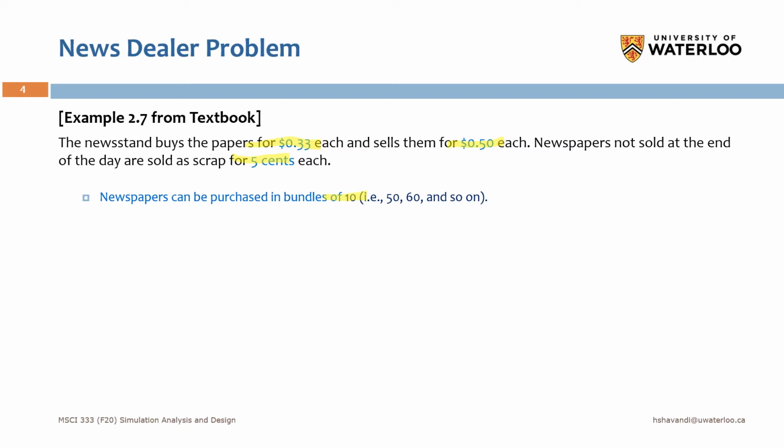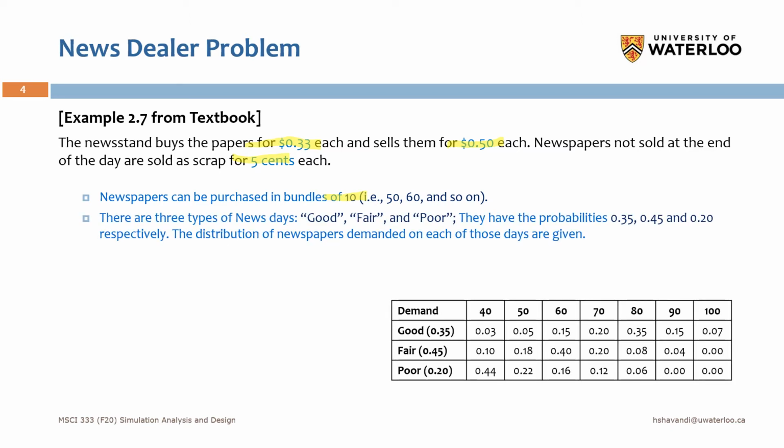There are 3 types of news days. Based on the demand of the days, we can categorize the days into 3 types: good, fair, and poor. If a day is a good day, we will have a higher demand for newspapers.